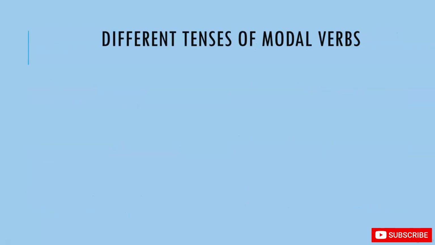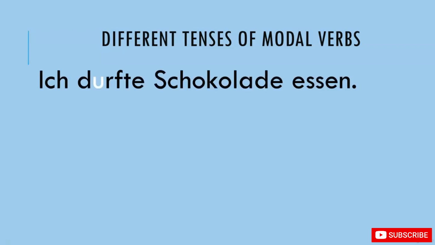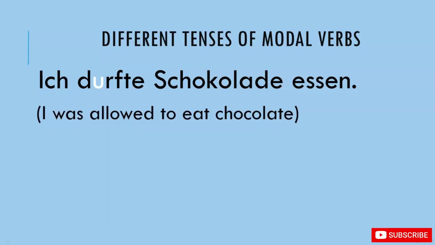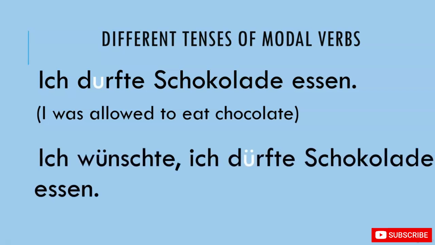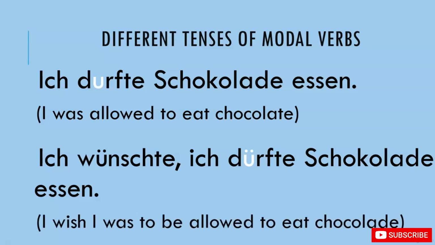And when people come to the modal verbs, they realize that they sound a bit alike. Ich durfte Schokolade essen. Now that's a past tense sentence. I was allowed to eat chocolate. Ich wünschte, ich dürfte Schokolade essen. There's your wishful thinking. I wish I was to be allowed to eat chocolate.